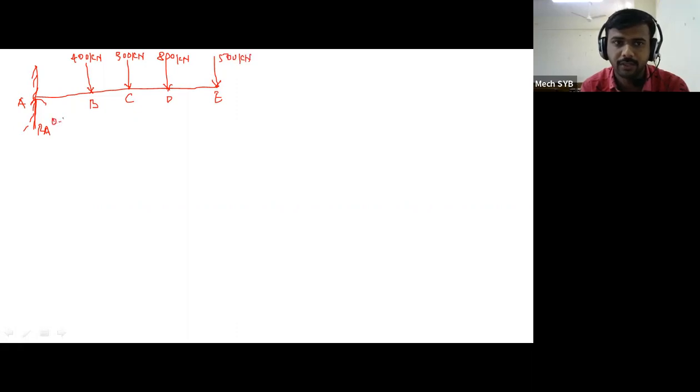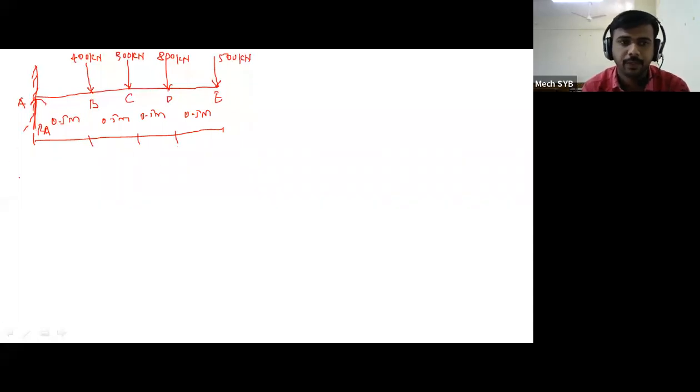And this distance is 0.5 meter. This is 0.5, this is 0.5 meter, and this is 0.5 meter. You have to take their projection lines.